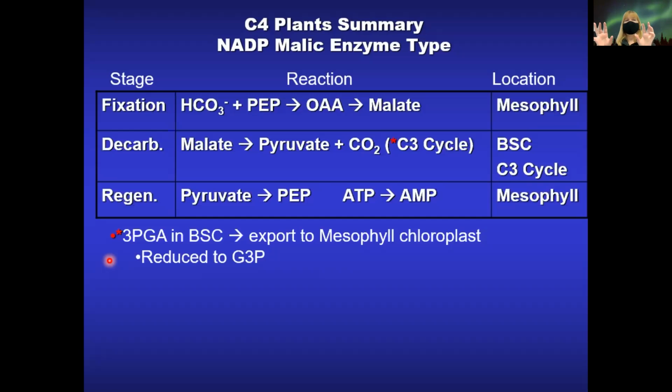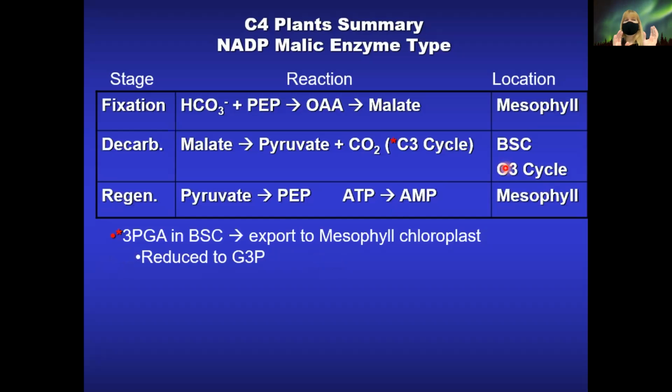So C4 plants have tweaked the C4 cycle where, actually they've tweaked the C3 cycle, I should say, because what they have done to further protect Rubisco against seeing too much oxygen is they shift the PGA will get exported instead of the C3 cycle all happening in the bundle sheath cell.